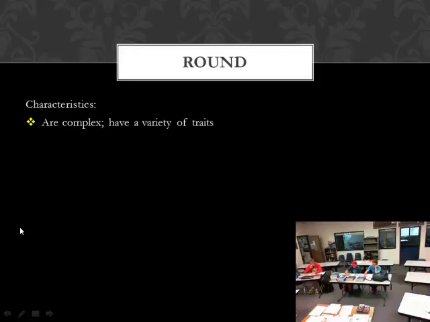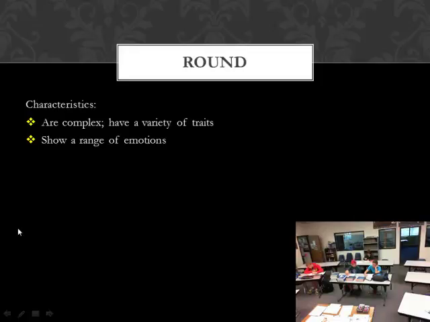They often have conflicts within themselves. You would be hard-pressed to describe a round character in one word. They have a large range of emotions. Oftentimes those emotions will conflict just like regular real-life people.